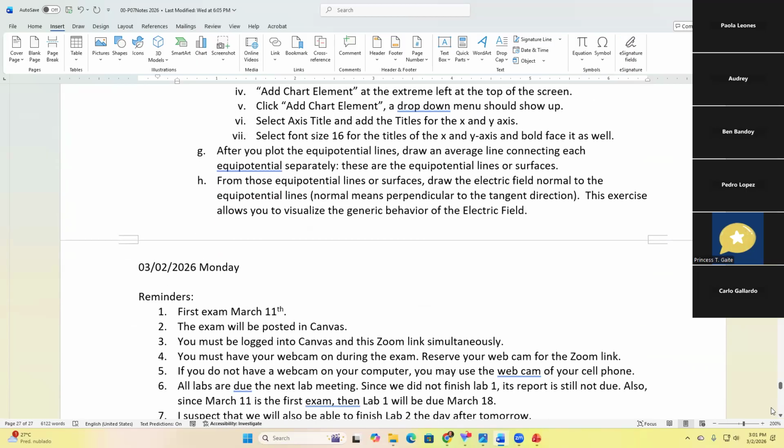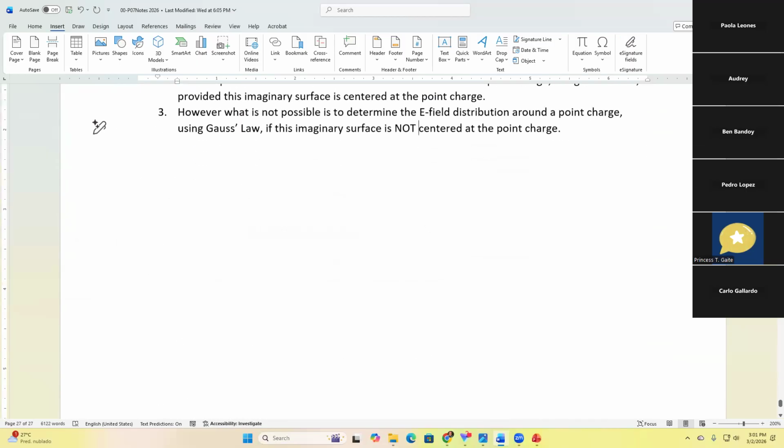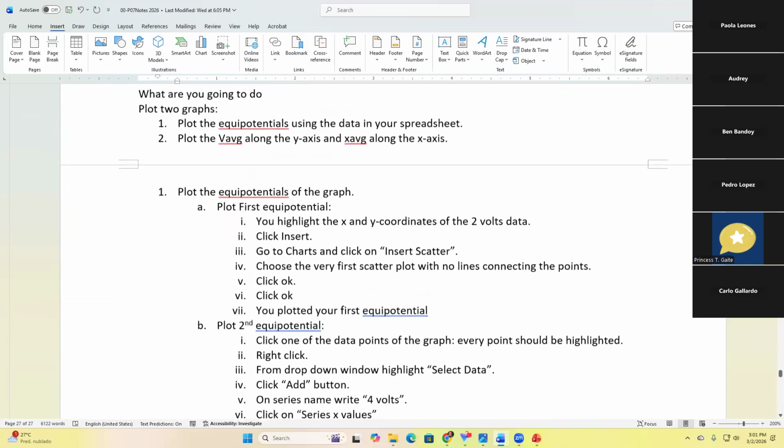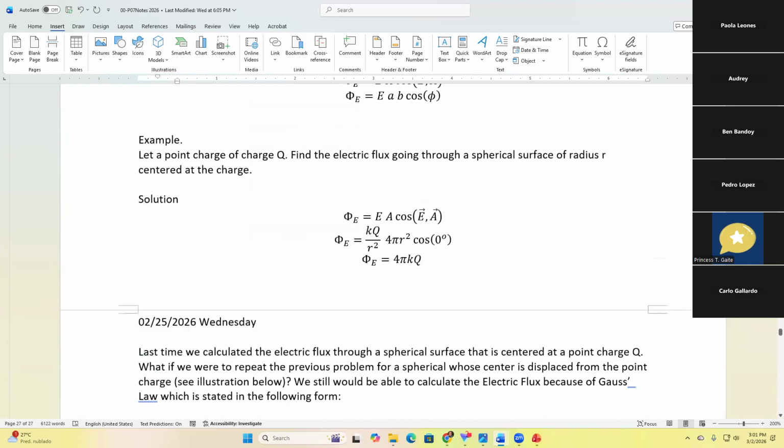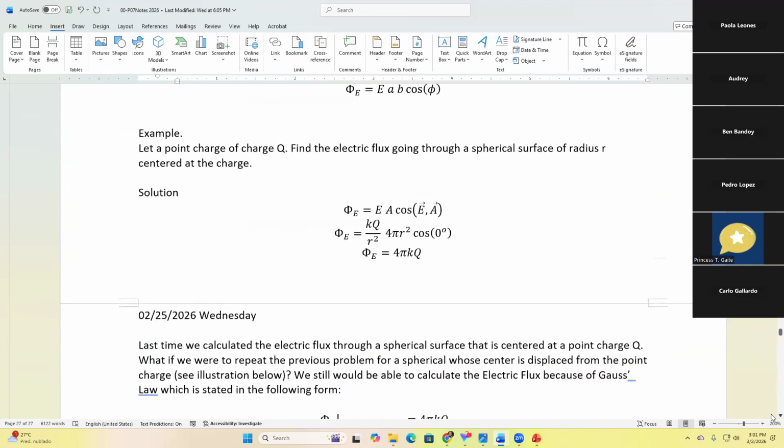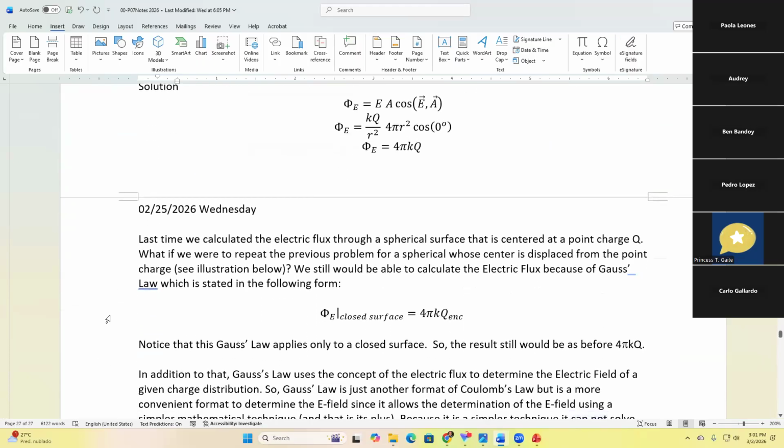And what is the Gauss's law? That's Gauss's law. Here you go.